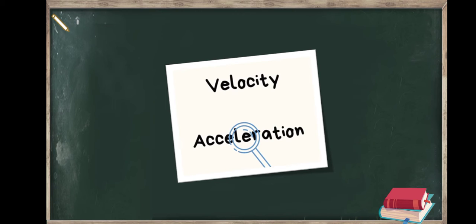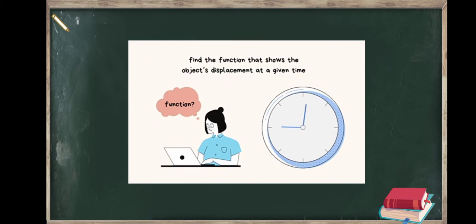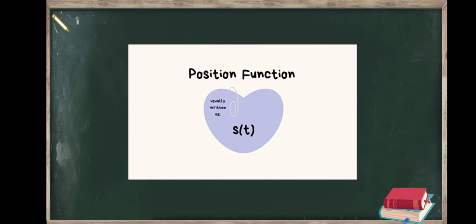So how exactly do we use derivatives to calculate velocity and acceleration? To find both acceleration and velocity, find the function that shows the object's displacement at a given time, or what we usually call the position function.